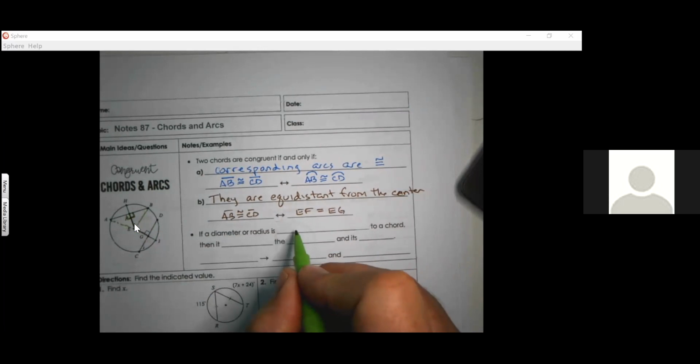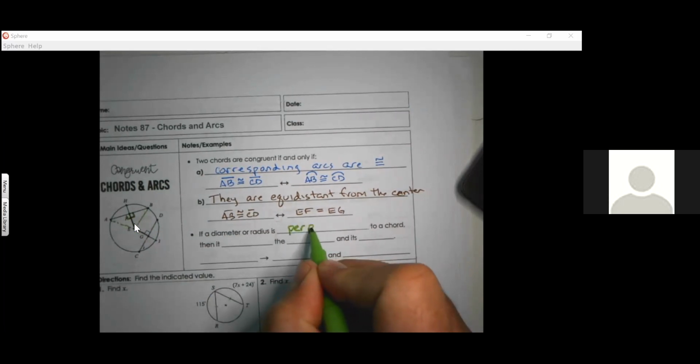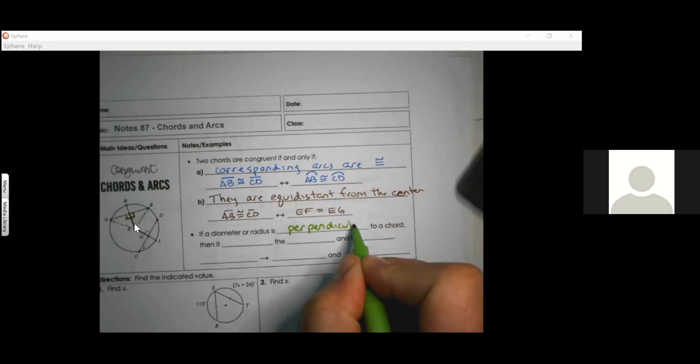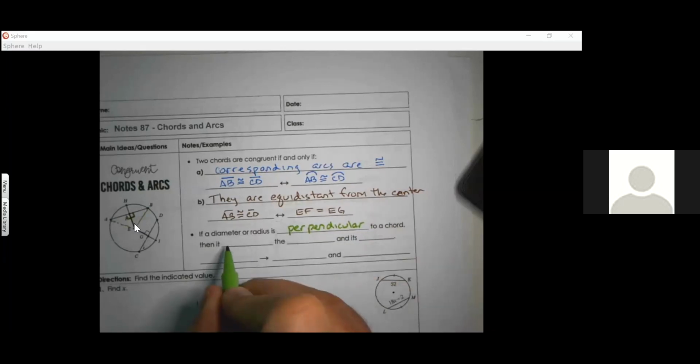So if the radius is perpendicular to a chord, then it does a couple things.